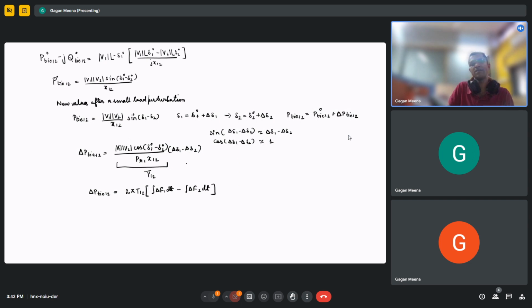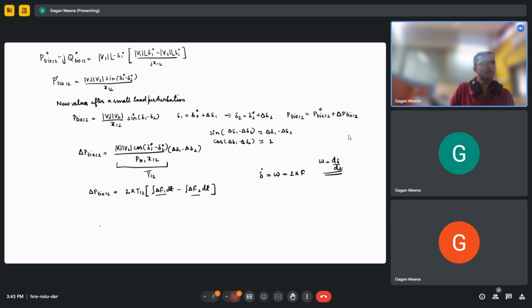Because these are angles but we want frequency, and we know that omega is equal to 2 pi f, because omega is d delta by dt, we can replace delta by the integral of 2 pi delta f dt. Here delta f1 and delta f2 are the frequency deviations in both the areas.